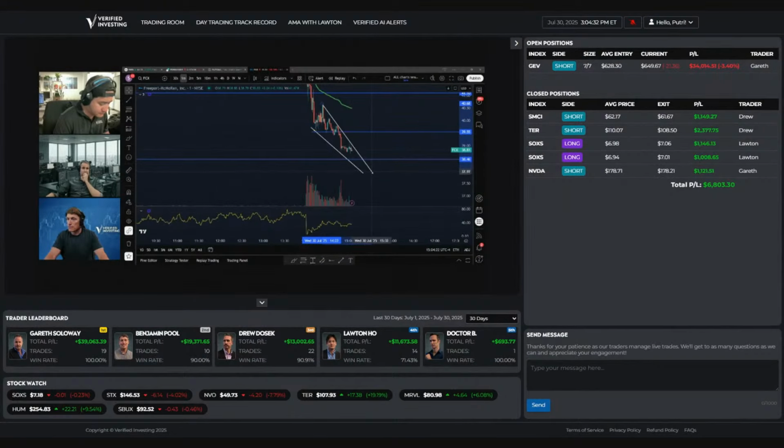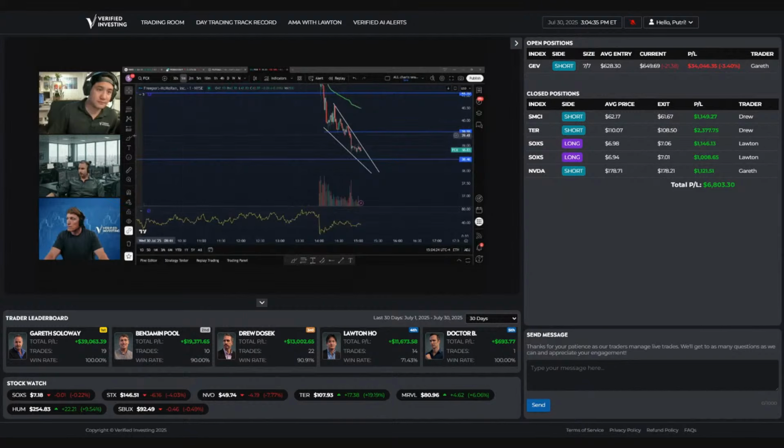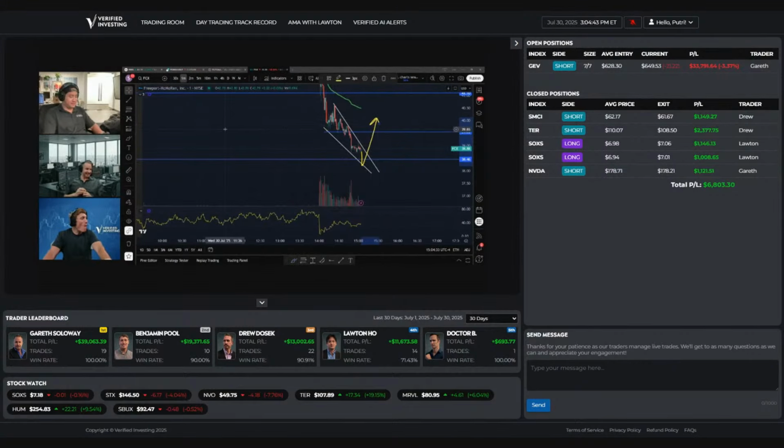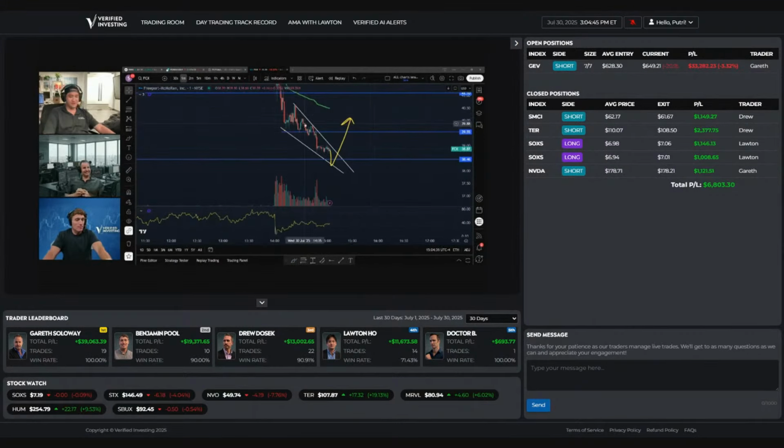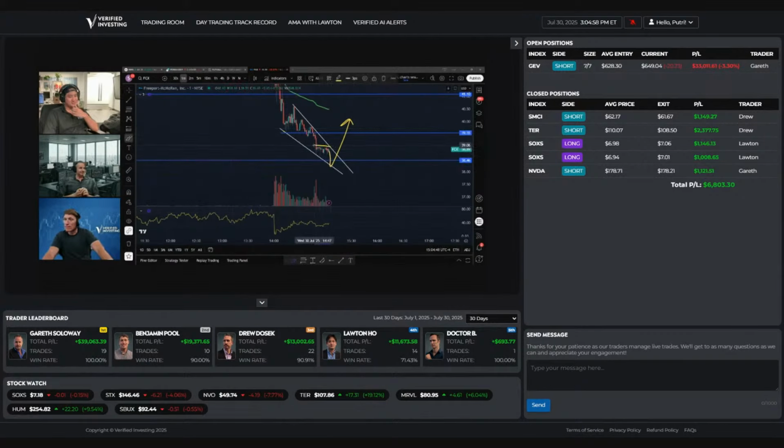There is a nice falling wedge here. For those of you that are new, Dr. B can find a wedge in anything. Guys, there's no other pattern here. This is a wedge. That's it. That's also a bear flag, isn't it? Yep. There's another pattern, but other than that, that's all that's there.